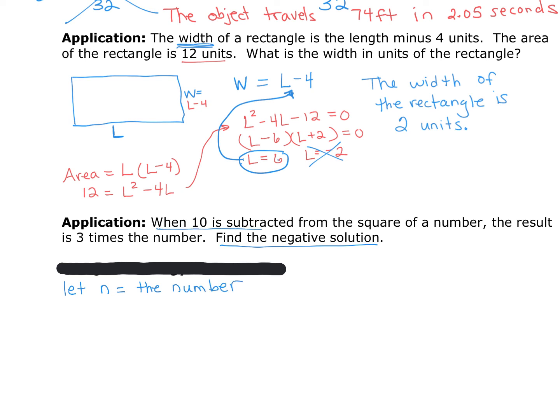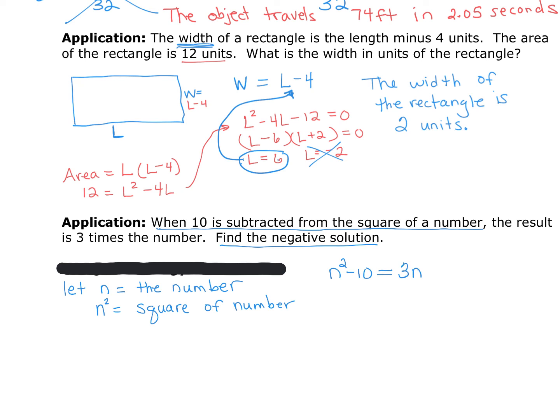So when 10 is subtracted from the square of the number, n squared is the square of the number. So if we subtract 10 from the square, the result is 3 times the number.